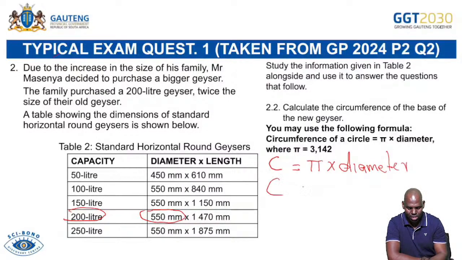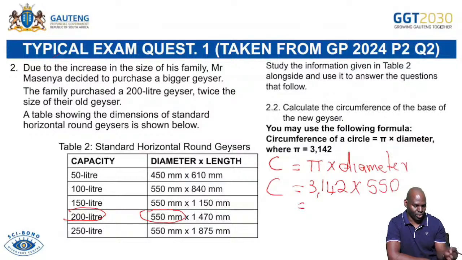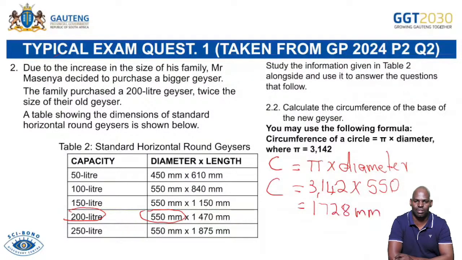So we say C equals 3,142 multiplied by 550 millimeters. We don't necessarily have to indicate the unit there. 3,142 multiplied by 550, I get 1728, and this is millimeters.